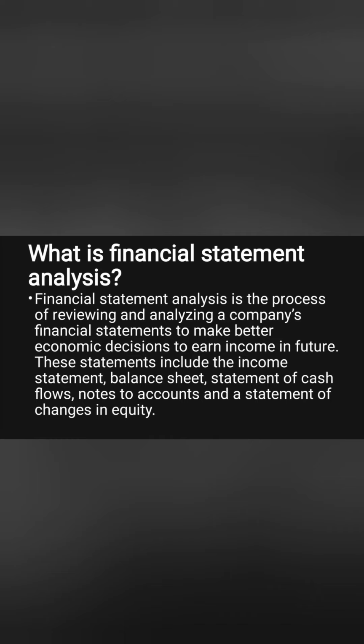We prepare the financial statements for one reason, to make better economic decisions, and the second is better decision making within the organizations.